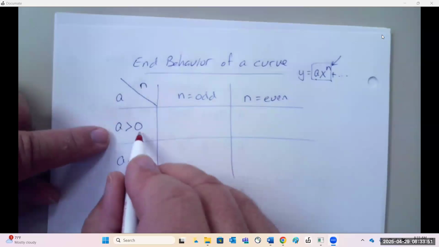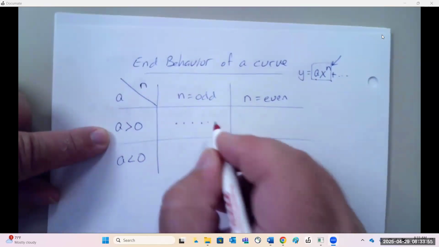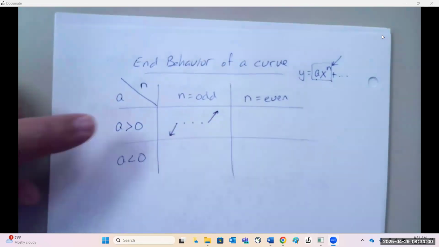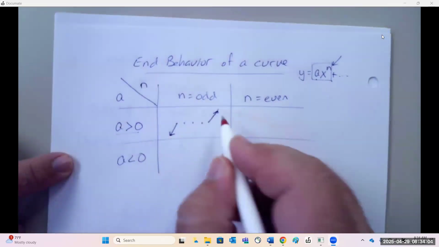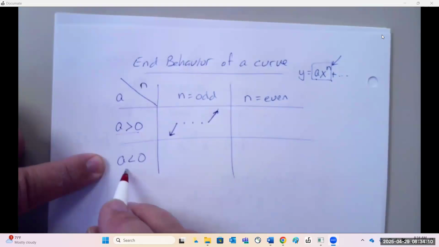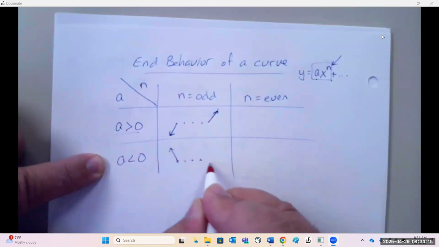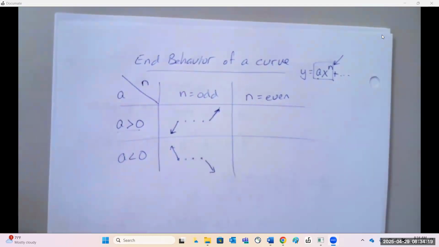So if it's positive and odd, no matter how many x-intercepts you have, at the very end, they have to point different directions. Since a is positive, it's an increasing function. As we go to the right, it goes up. If a is negative, that means it's a decreasing function. And everything else, we don't know what happens in there.